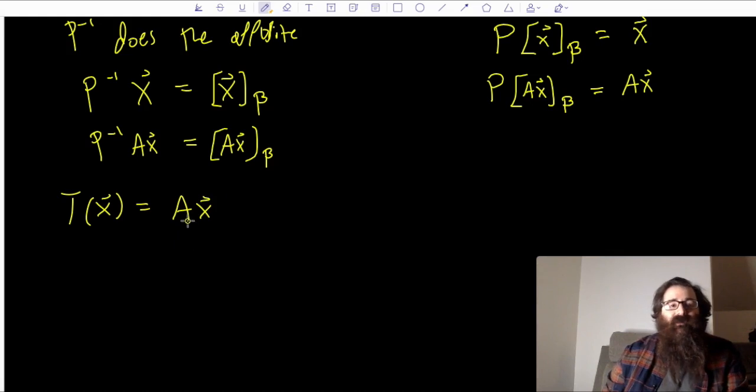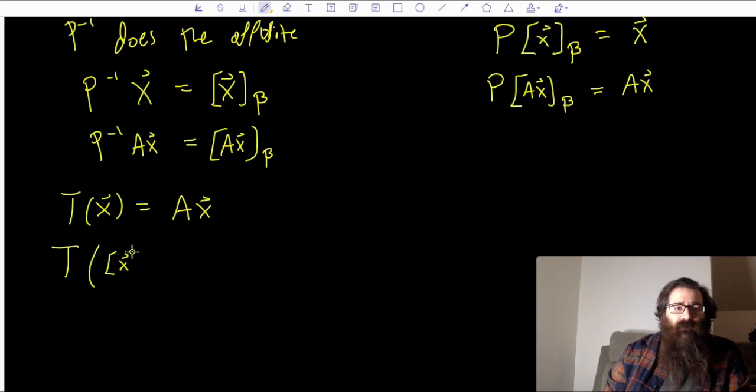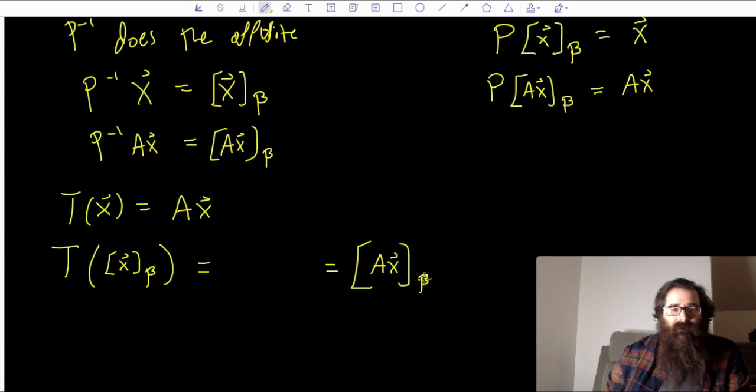Well, what about transformation T when it's applied to something in the non-standard basis? What about if I take transformation T and apply it to vector x described in a non-standard coordinate system? Now I know that this is going to give me my output Ax, but in that non-standard basis.